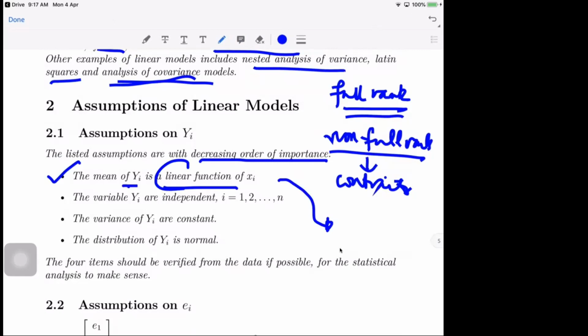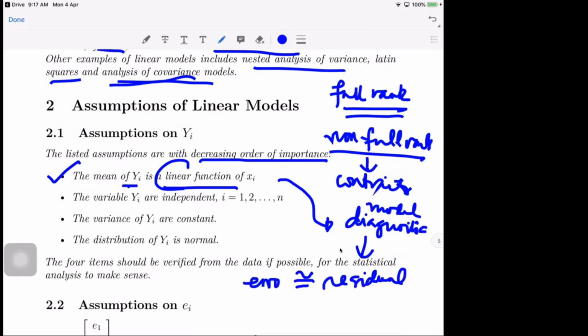Equivalently, when we say yi is a linear function of the xi, if we do model diagnostics after you fit a model, usually you look at the residuals, no? The residual is equivalent to the error term.